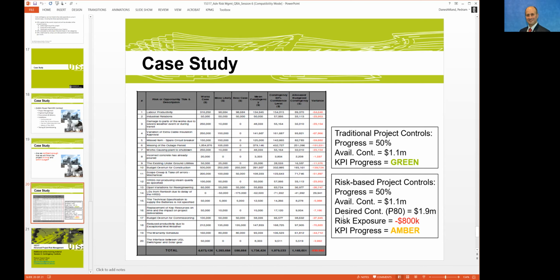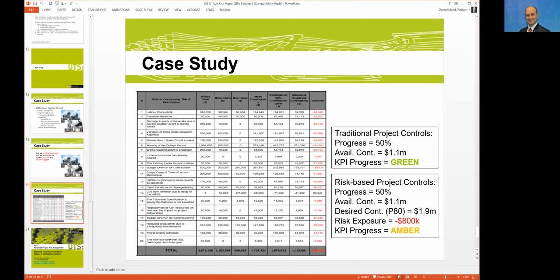But when we look at the risk for the remaining work and all the trends, for the desired level of confidence that we initially won the job with, which was an 80% confidence level, the contingency that we would like to have is 1.9 million, the same level of confidence as when we won the job.